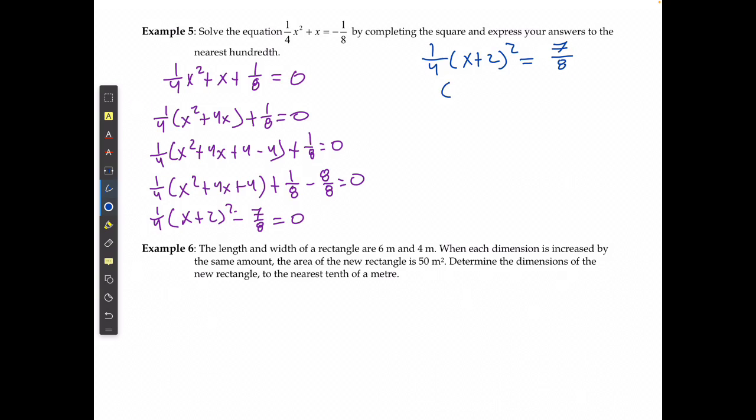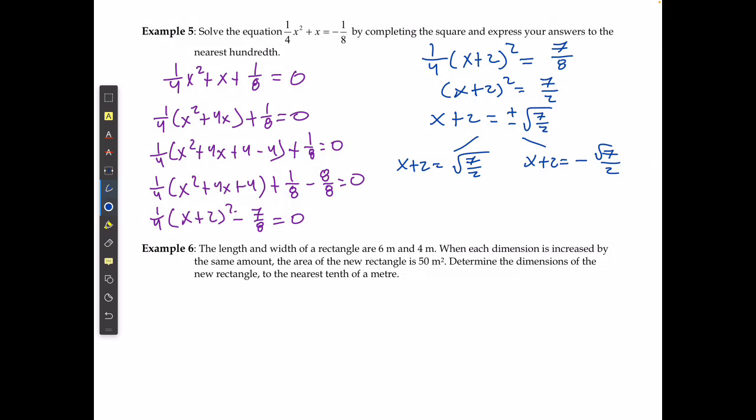Or, when I divide both sides by 1/4, (x plus 2) squared is going to equal positive 7/2. x plus 2 is going to equal the positive or negative square root of 7/2, which means that I'm going to split it into the two possibilities. x plus 2 is equal to positive square root of 7/2, or x plus 2 is equal to the negative square root of 7/2.